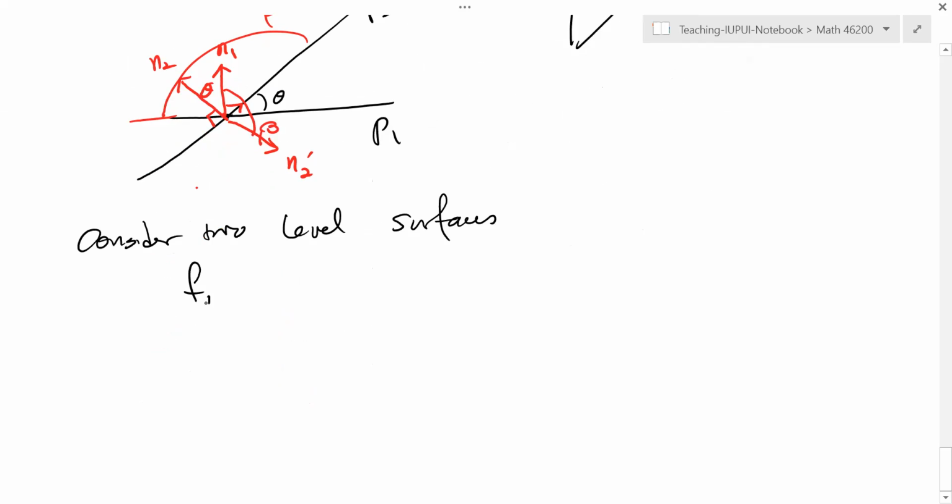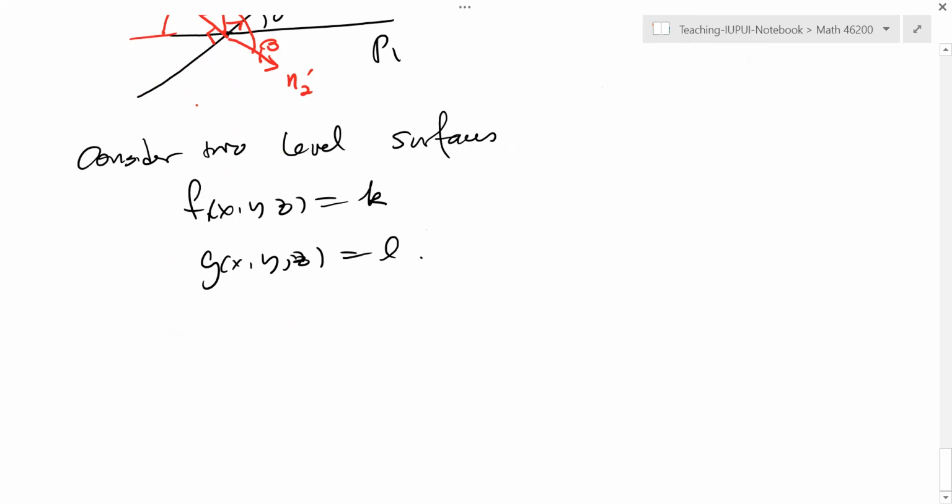One is given by F equals K, the other one given by G equals L. We assume that (x naught, y naught, z naught) is an intersection point.